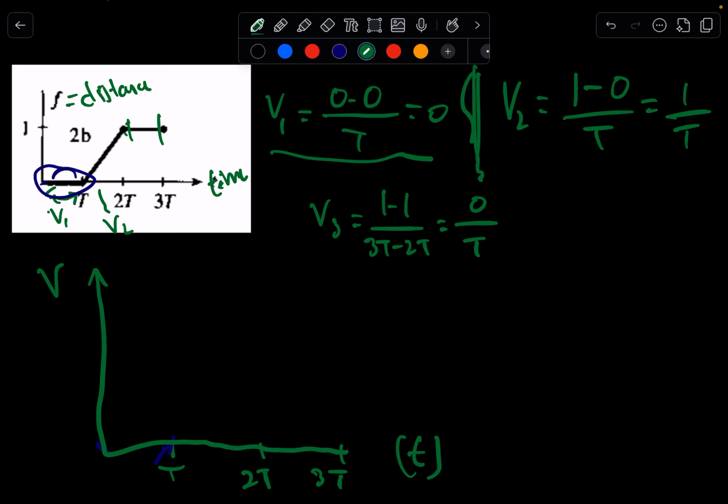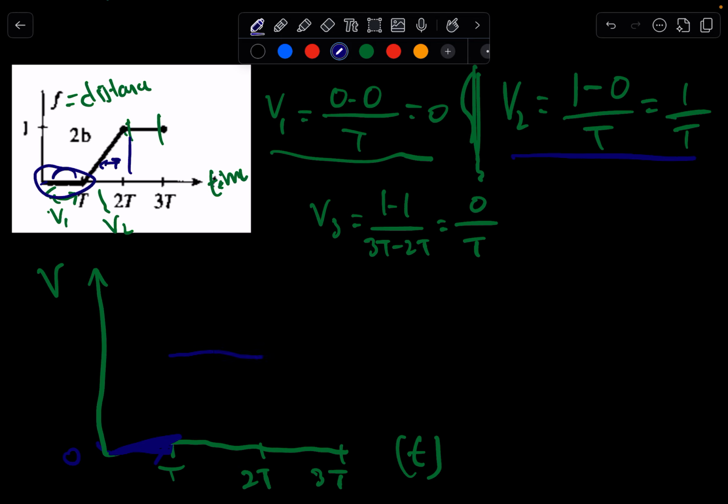Something like this, where this one represents velocity equal to 0, and then for v2, which represents this section from here to here, we're going to have 1 over t. So 1 over t, but essentially something like this.